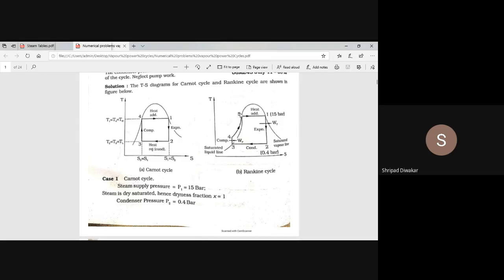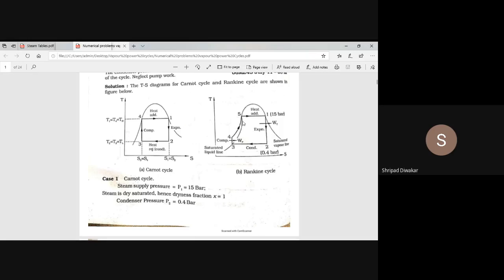If pump work is there, you have to consider H1 minus H4. If pump work is not there, directly take H1 minus H3. This much heat is required for heat supply during the process. So efficiency is H1 minus H2 divided by H1 minus H3.